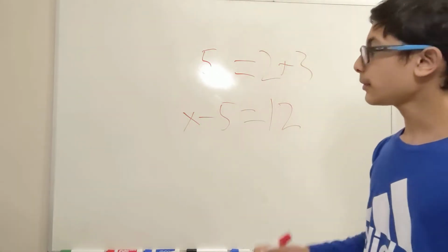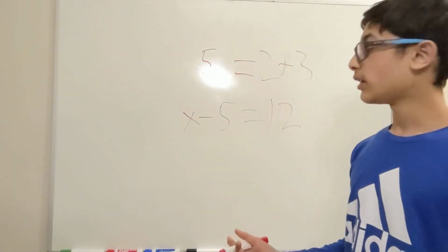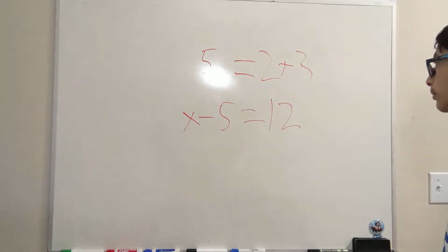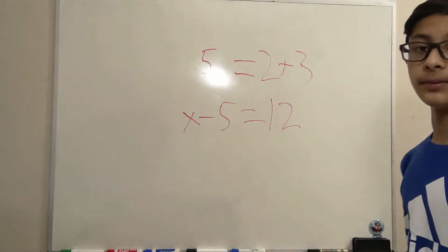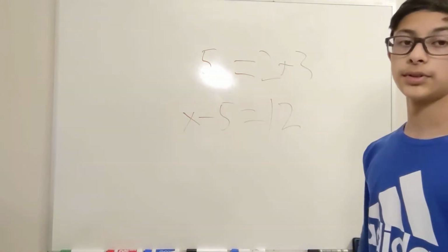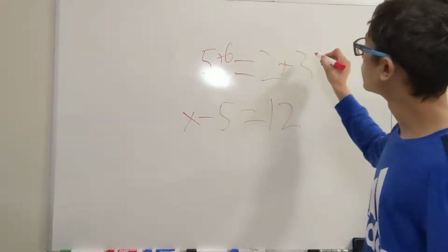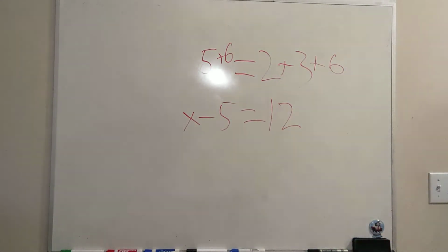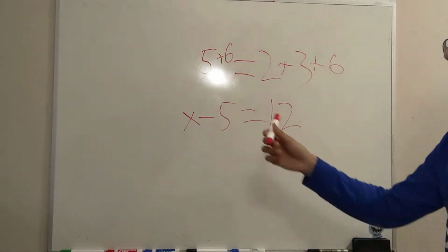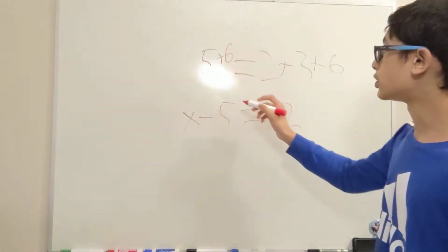Well, first, you need to understand this concept. Let's go back to our 5 equals 2 plus 3 example. An interesting thing you can do here is add the same amount to both sides. Let's add 6 to both sides. Because we added the same amount to both sides, it's still equal. So let's see if this is true.